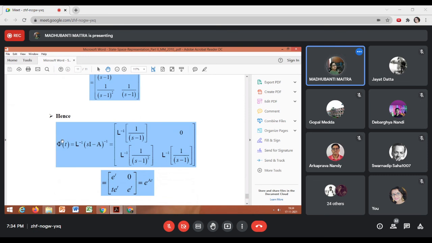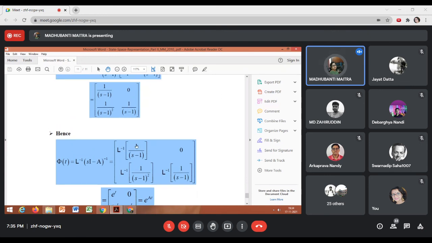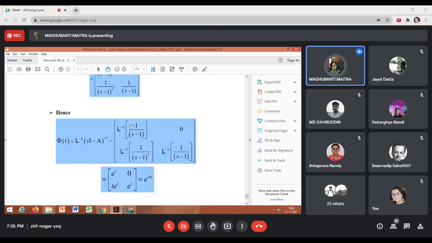So phi t, that means the state transition matrix, is the Laplace inverse of phi s, the resolvent matrix. That means Laplace inverse of 1 by s minus 1, this one is 0, and Laplace inverse of this one, and Laplace inverse of this one. Very simple. So this one will be e to the power t, this is 0. Since this one is 1 by (s minus 1) whole square, the Laplace inverse of this will be t into e to the power t, and this will be e to the power t.